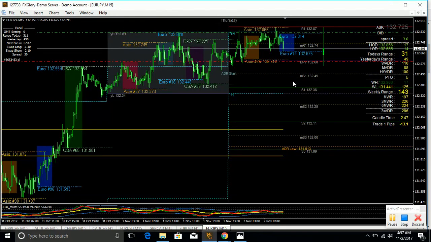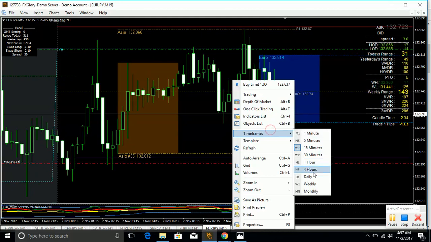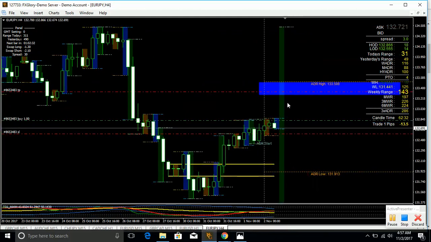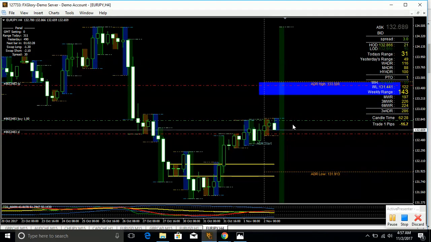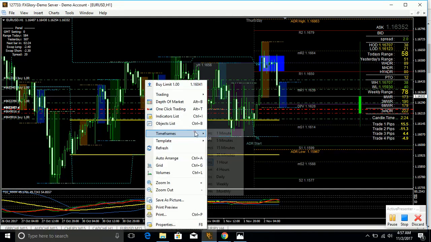Mind you, this is just the beginning of the European session. European session started at 4 o'clock, so we're technically only an hour into the session. We still got 4.5 hours left in the session, which is a whole 4-hour candle, which should be up in this area. Same with this Euro USD.